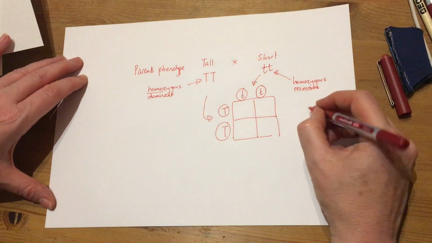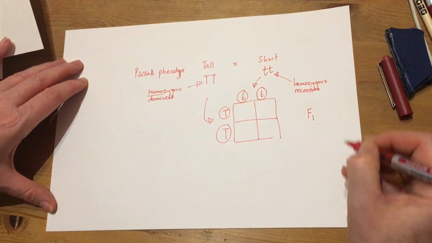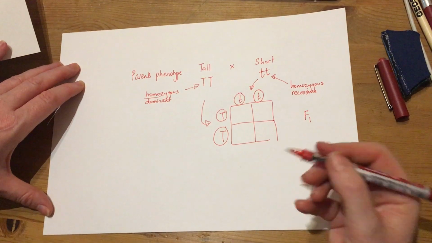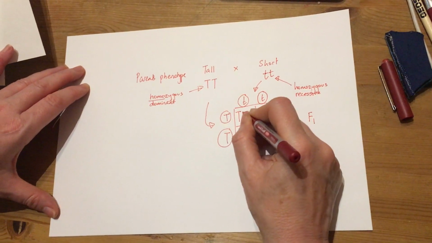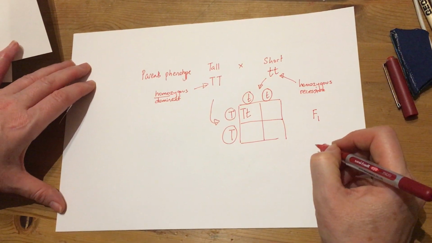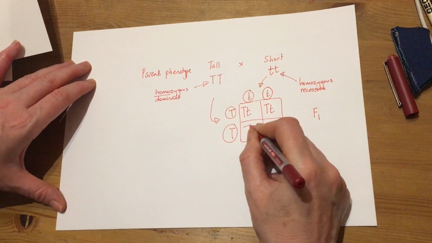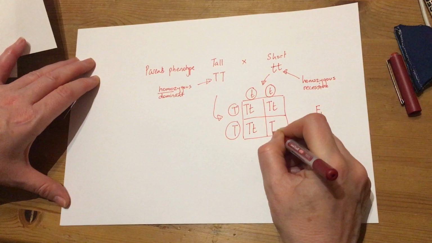So all of the offspring in this first generation will have, when we recombine these gametes, when they fertilize each other, we will end up with an individual that has a big T and a little t. And that's actually going to be the same for all of these offspring.